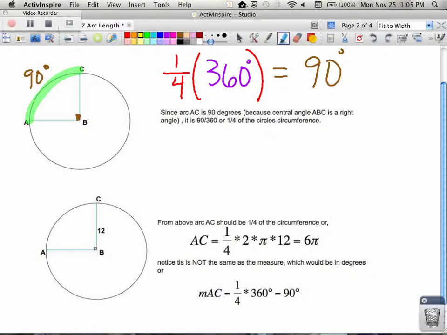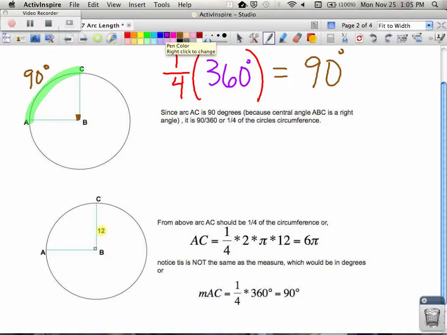Now, let's say in this same example that we told you that the radius of the circle actually had the measurement of 12. So if I know that the radius is 12, then normally, if we're talking about a circumference, we would be talking about the distance around the circle.